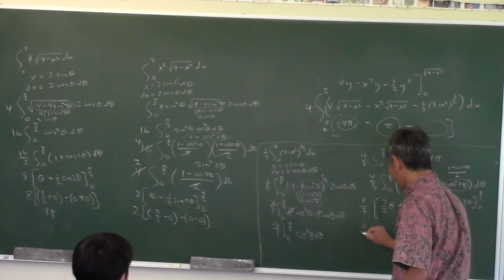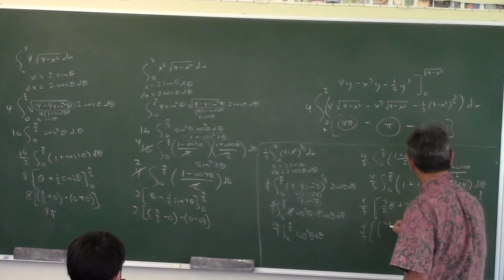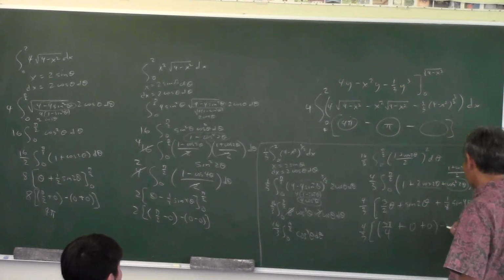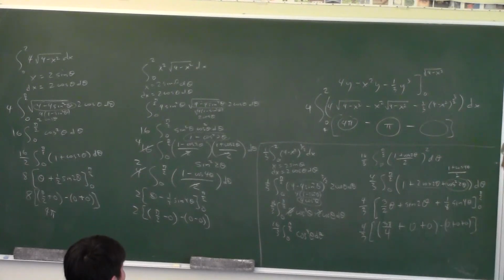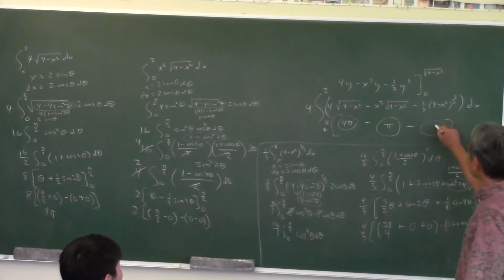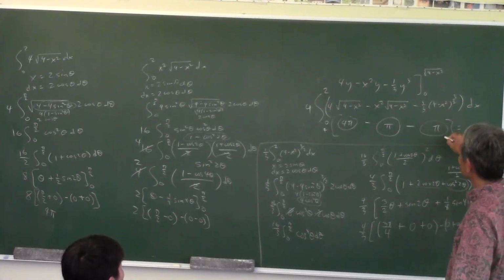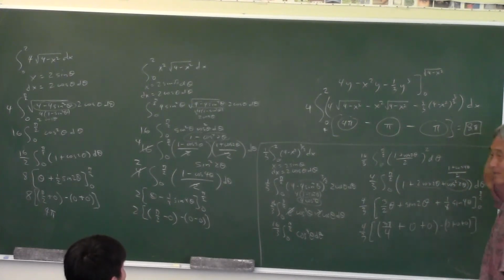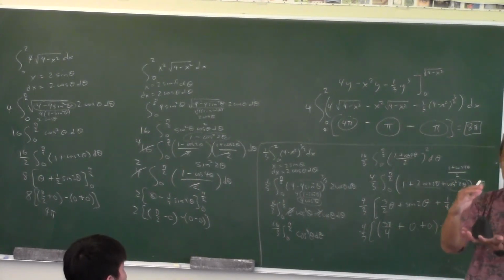Okay, so you got 4/3, plug in the top number. 3 pi over 4 plus 0 plus 0 minus 0 plus 0 plus 0. That's just pi. So, putting it all together, what's the final answer? 2 pi. Times the 4. 8 pi. Bam. That's the volume of this paraboloid that lies above the xy plane.